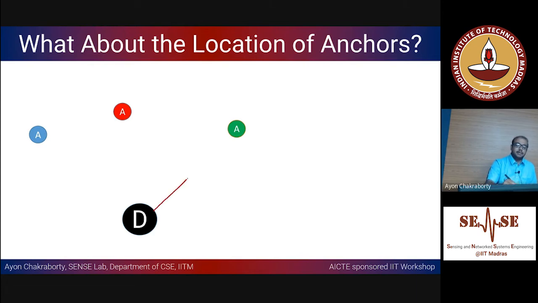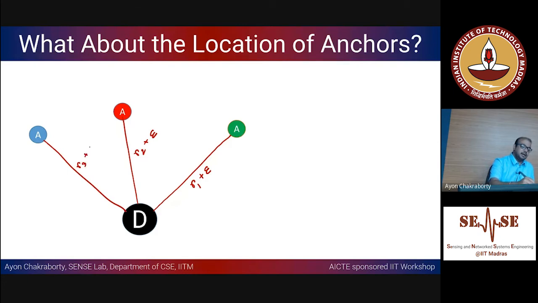Okay, so we have already seen that we can have a range, let's say some range 1 plus some error, a range 2 plus an error, and then a range 3 plus an error. So this was helping us to estimate the position of the device.